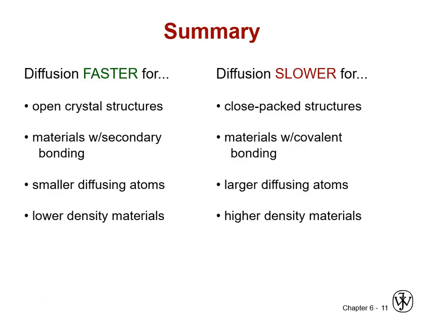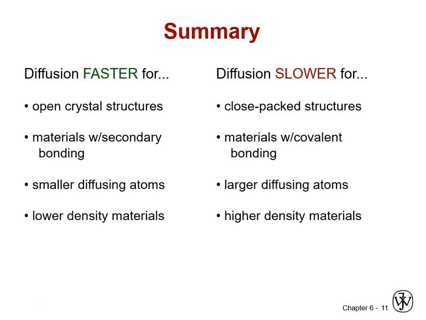Materials with weaker bonds, especially secondary as opposed to primary bonds, are going to have faster diffusion, both because they tend to have a little more open space, but mostly because the jump frequency is faster. Things aren't as fixed where they are. They're not in as stable an equilibrium position, so for any given temperature, they're more likely to jump and have an opportunity to diffuse.